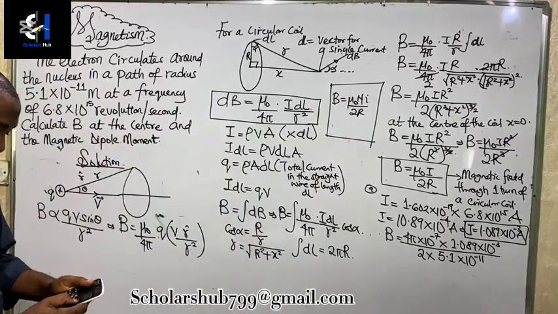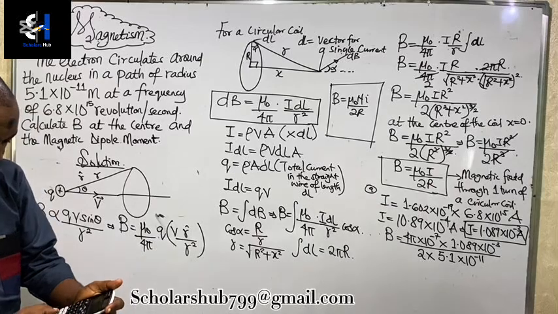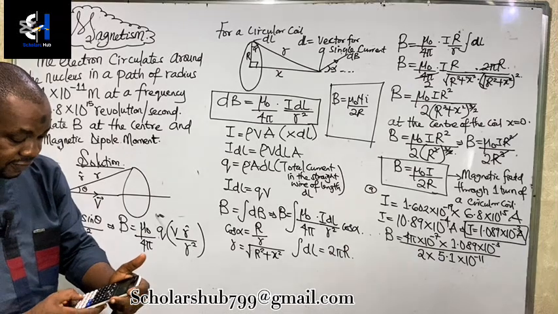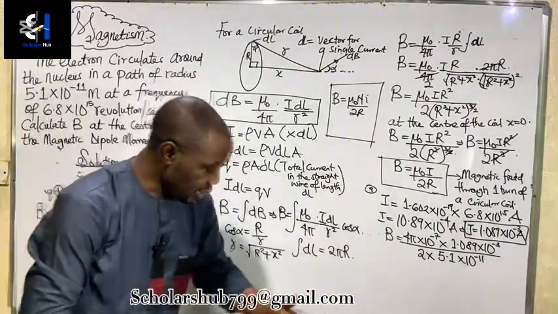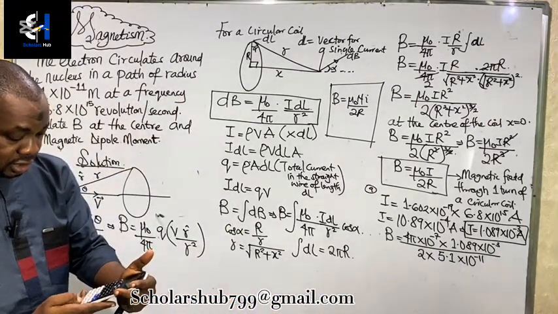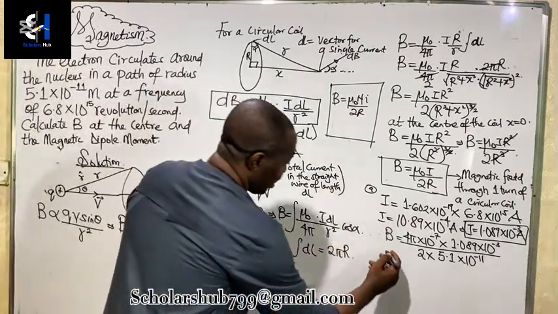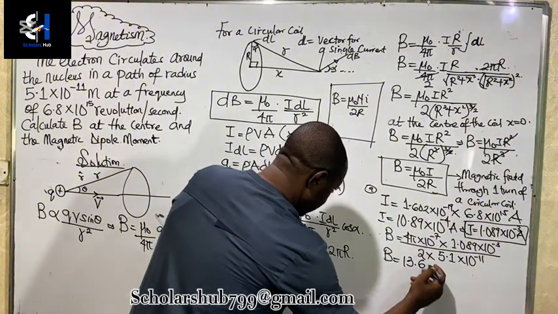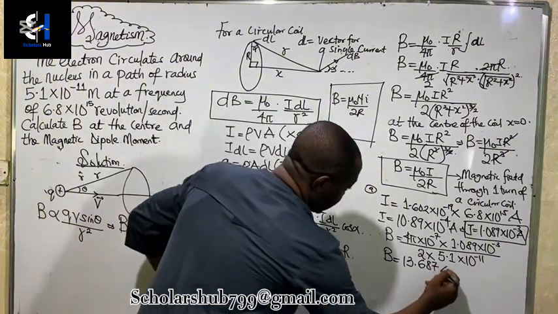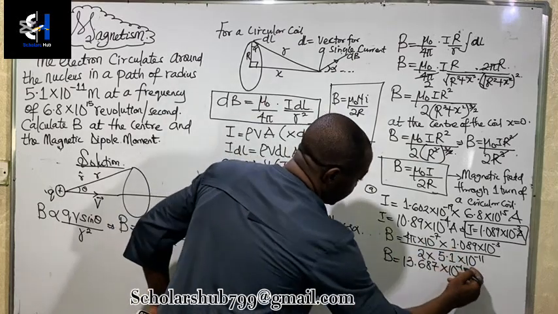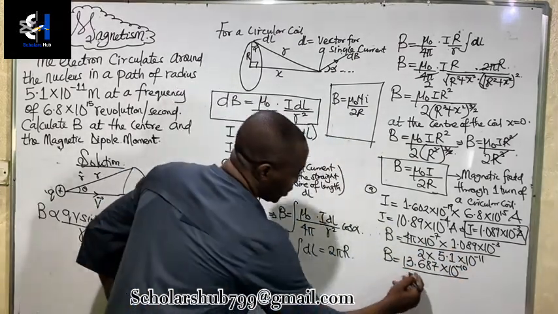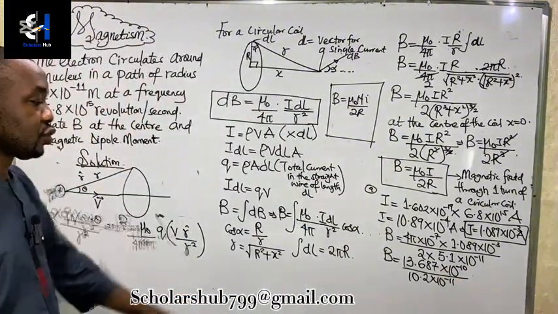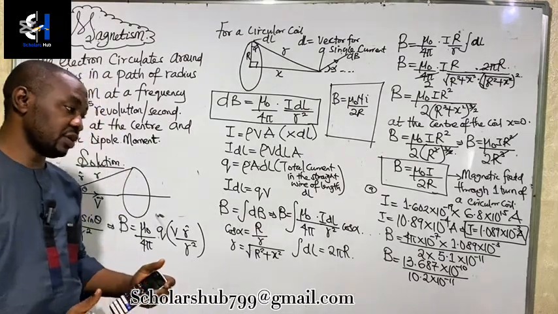All right, so 1.089 multiplied by the value of pi, then multiplied by 4, that would be 13. We have B to be 13.687 times 10 raised to the power of -10 over 10.2 times 10 raised to the power of -11, because 2 multiplied by 5.1 is 10.2.